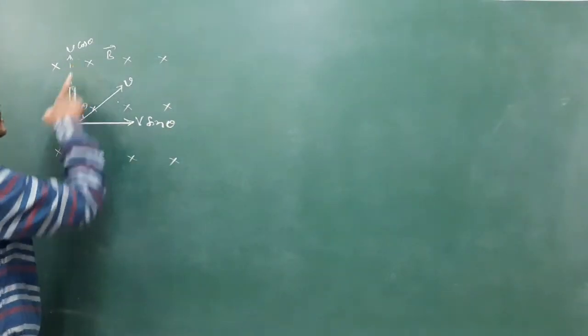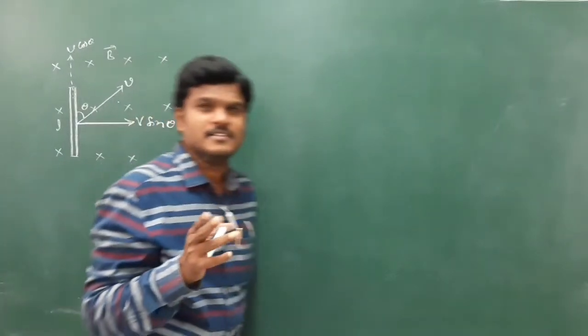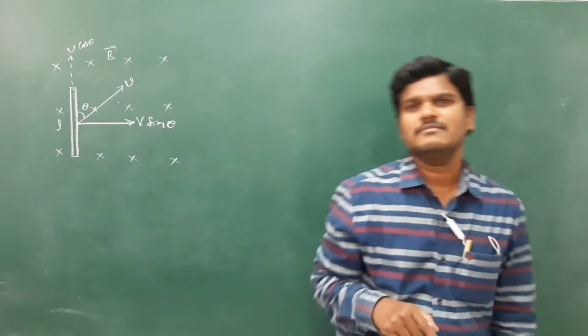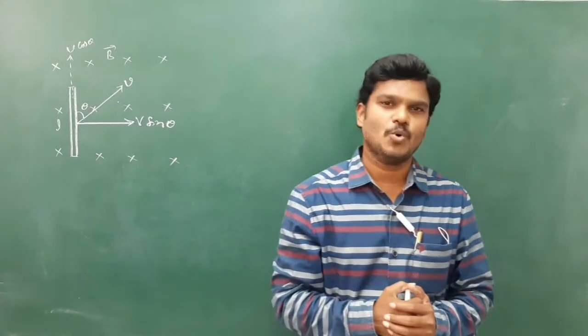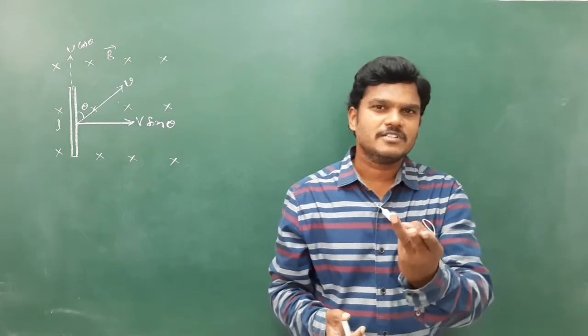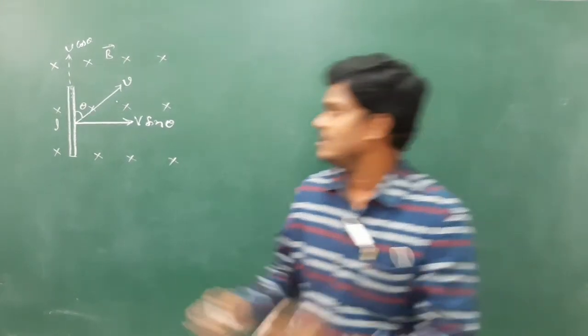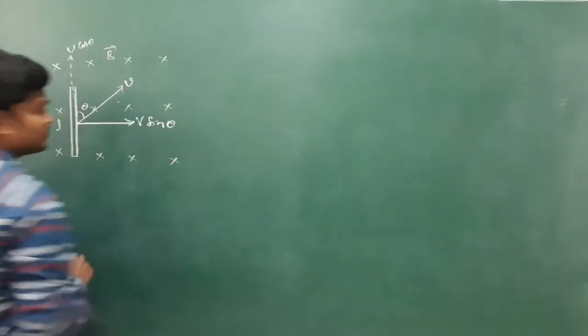Observe that V cos theta and L are parallel. Out of three vectors, if any two vectors are parallel, then EMF is 0. Here, due to this, there is no EMF from that component.